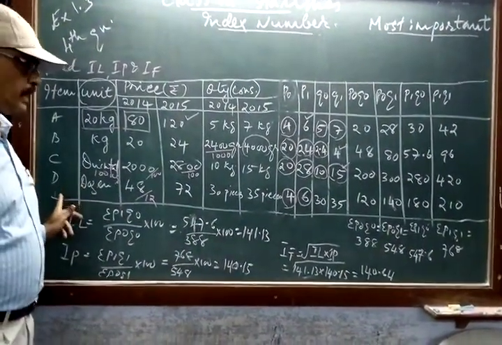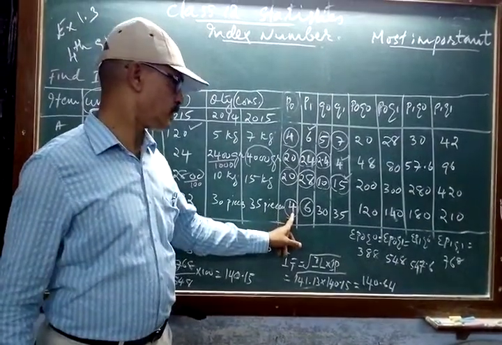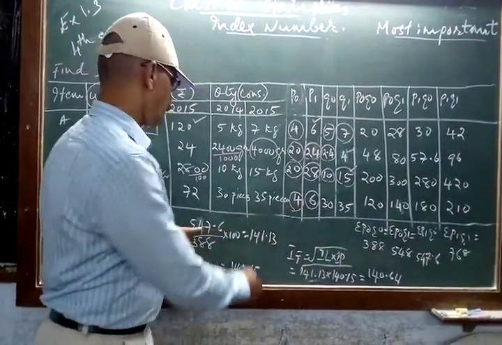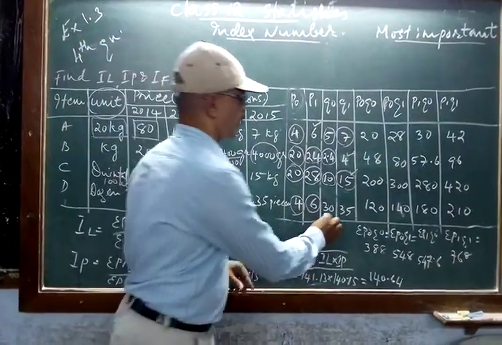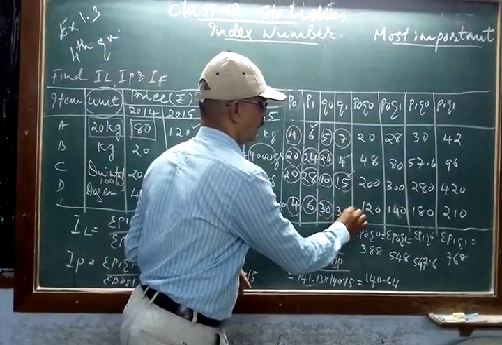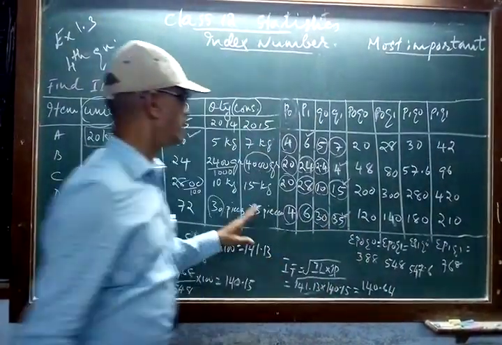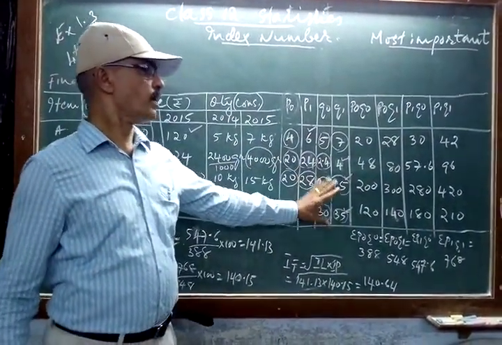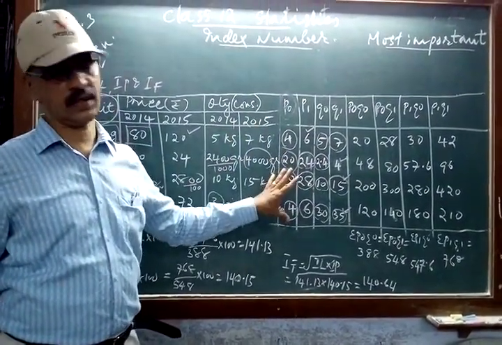When it comes to D, the unit is dozen and per unit 4 rupees is the price, so 30 pieces is the quantity consumed. We write 30, there is no change required, and for Q1 it is 35.